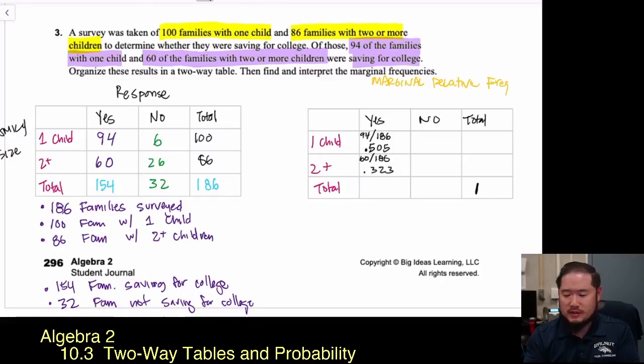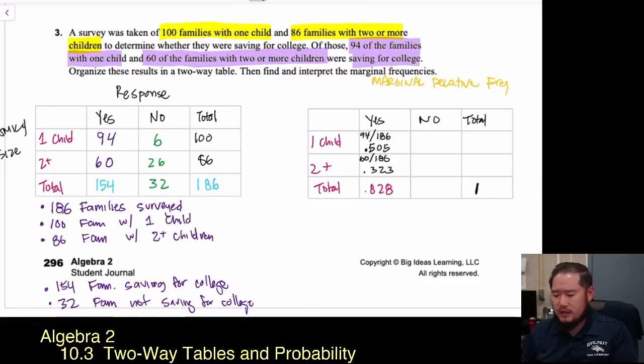We round to the nearest thousandths. And for our total, we can just add the two numbers together, and you will have 0.828. All right, and there's your total.